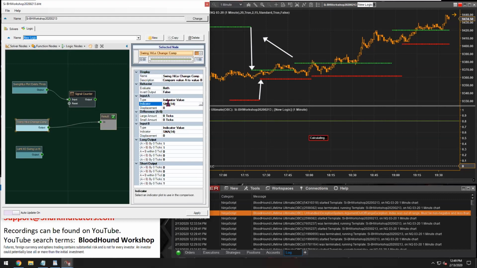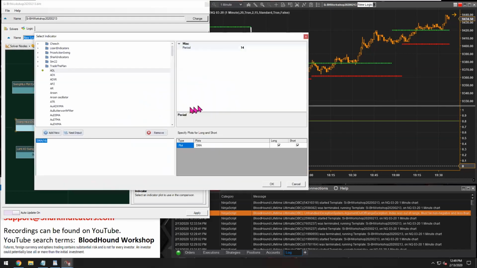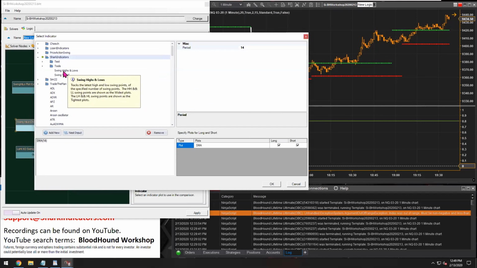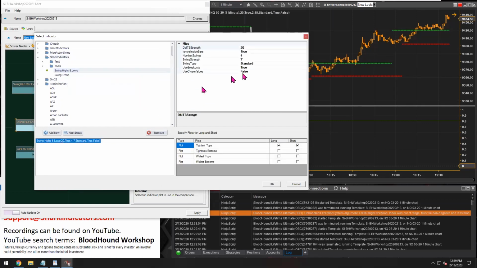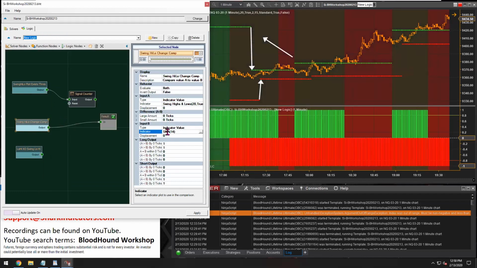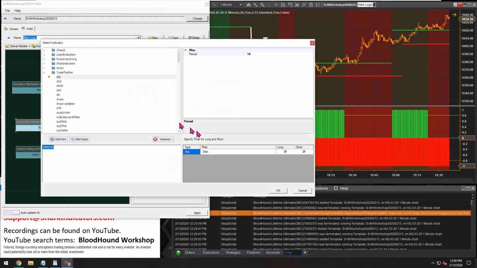So for input A, that is going to be our swing high and low. And again, I need to adjust the settings to match what's being used on the chart. We're going to do something like this. And then the same thing for input B.